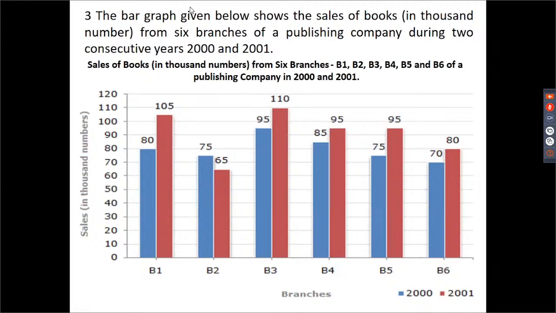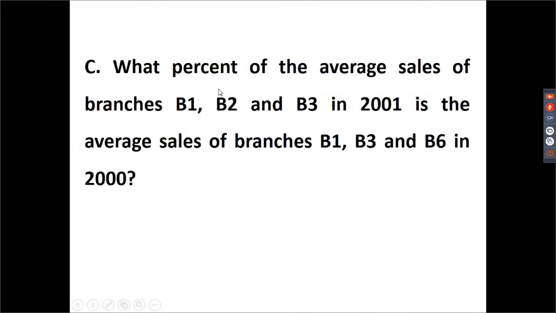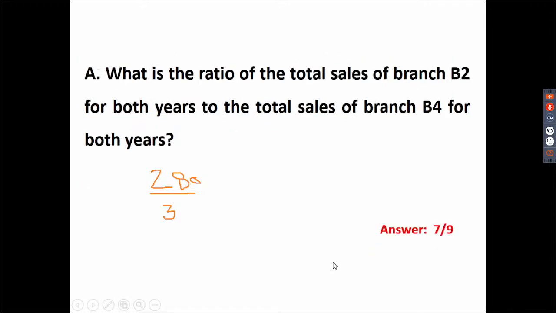Whenever 280 is the total sales, average means 280 by 3. 280 by 3 is the average sales of B1, B2, B3 in 2001. And B1, B3, B6 in 2000.